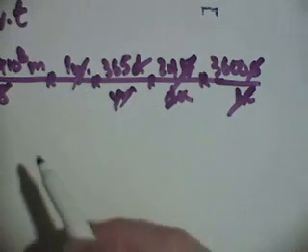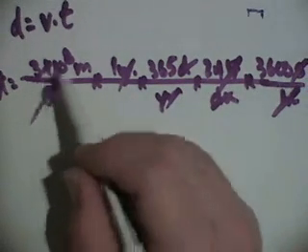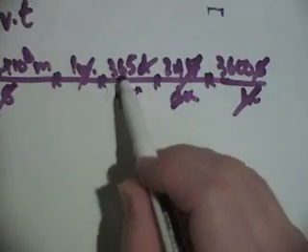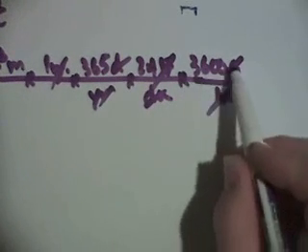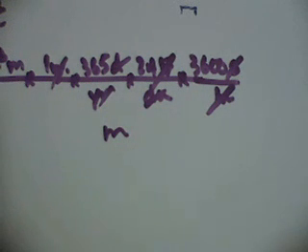Seconds cancel out, years cancel, and we'd be left with meters. It would be 3 times 10 to the 8 times 1 times 365 times 24 times 3,600, and your answer would be in meters. So that's how you would do that one.